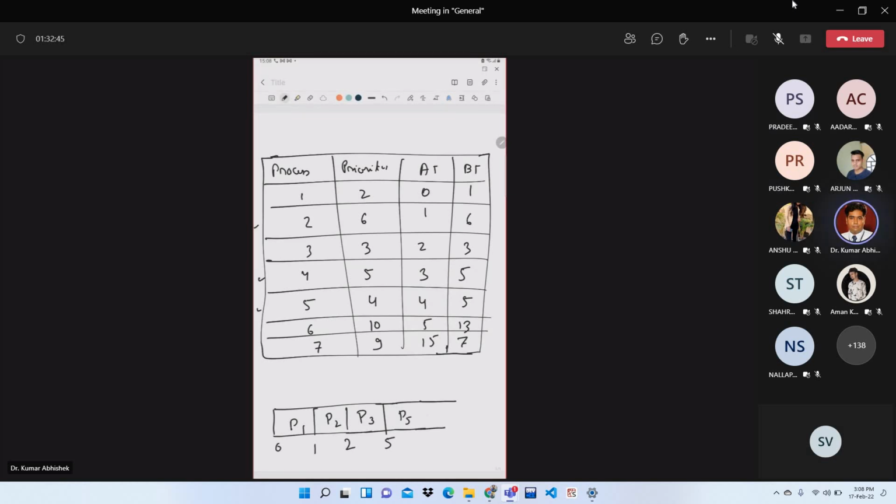P5 will go up to 10, sir. At time 10, what do we have? P6 arrives.